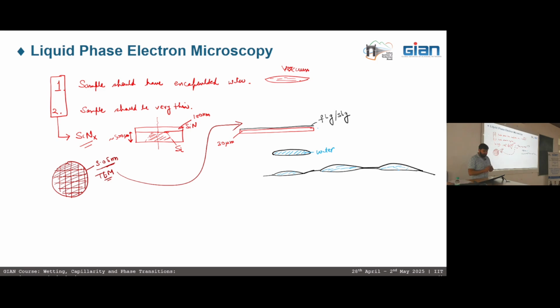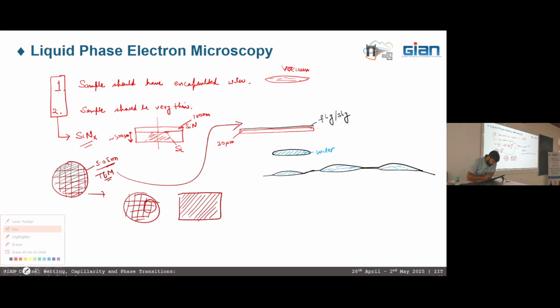So in the end what we get is the TEM grid, and if I zoom in on one mesh of this TEM grid, we have an amorphous carbon film, and this carbon film is holey, it means it has bigger holes here, and inside these holes we have deposited the single layer graphene or few layer graphene now. This is SLG or few layer graphene.